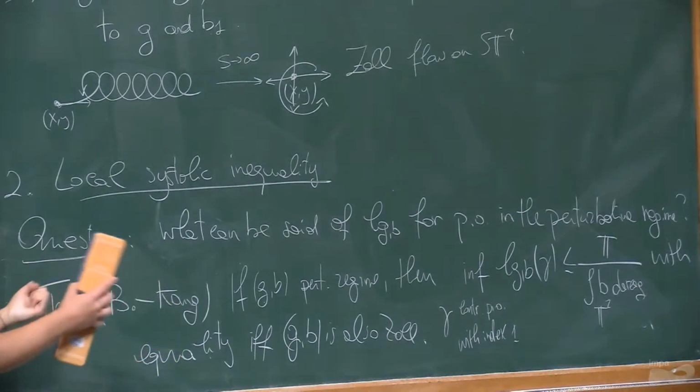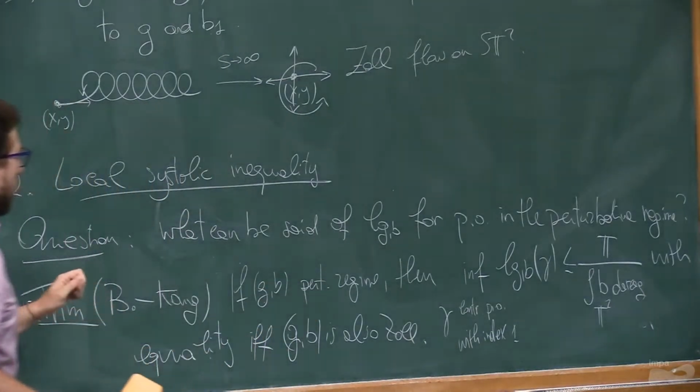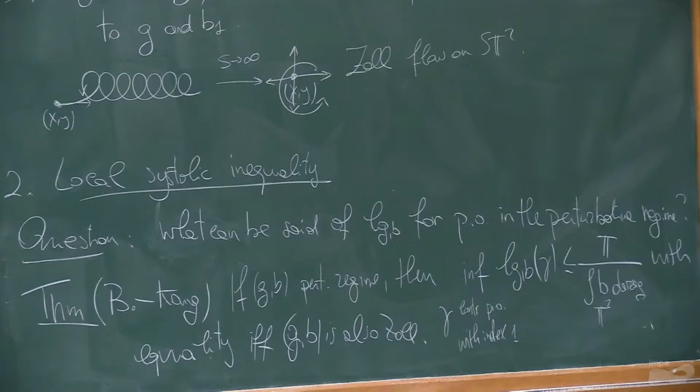So we relax the perturbative condition, but we put into the picture some kind of additional symmetry. And this is what I want to do now, to look at this systolic inequality in the presence of some additional symmetries.